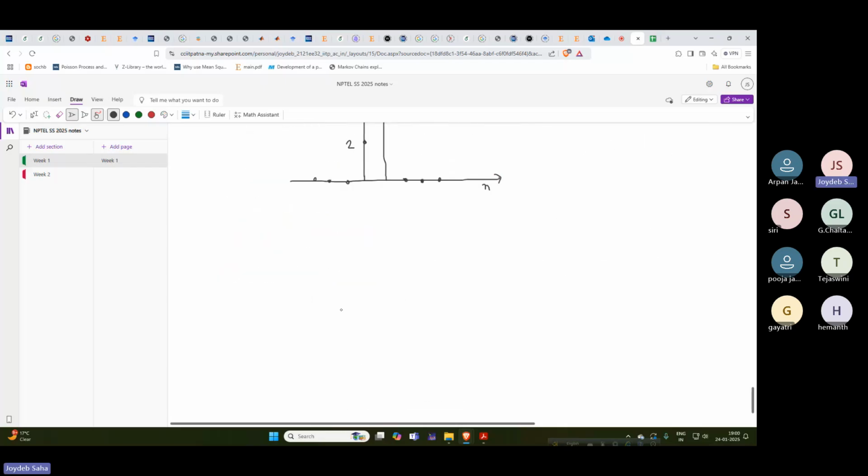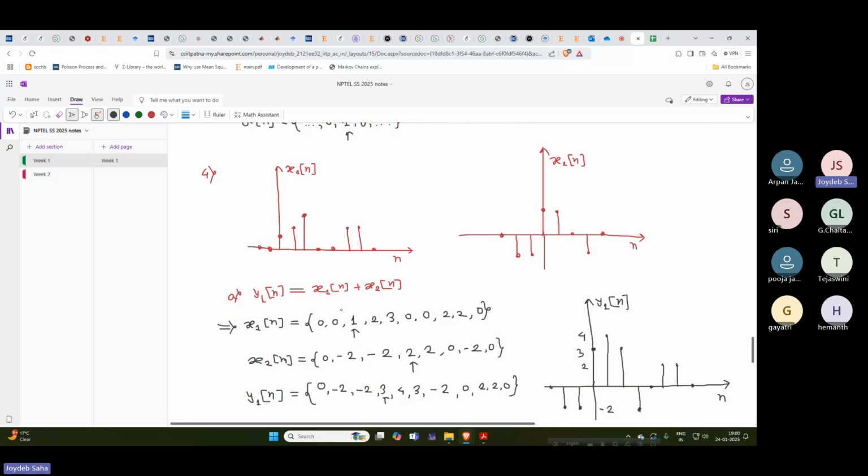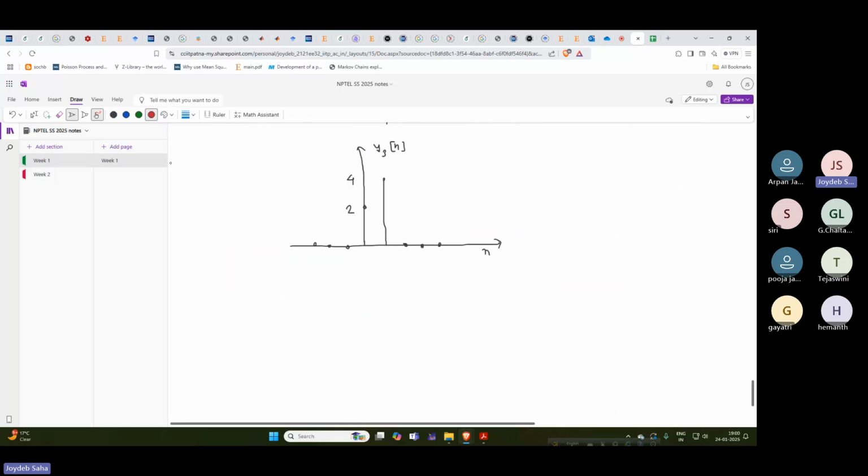Okay, so let us start next question 5. It is very simple and a one line question.